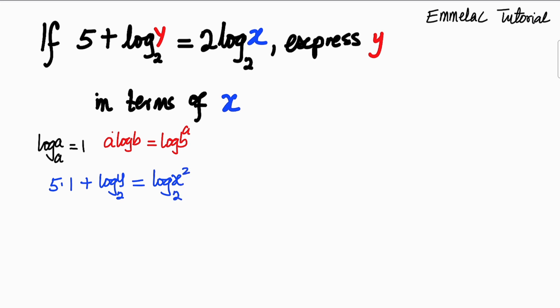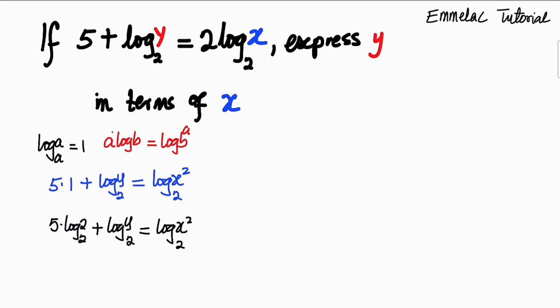And let us take note that we have 1 here, and we need to transform this 1 to a log of base 2. So this gives us 5 times log 2 base 2 plus log y base 2 equals log x raised to 2 base 2. We can also use the power law to transform this.